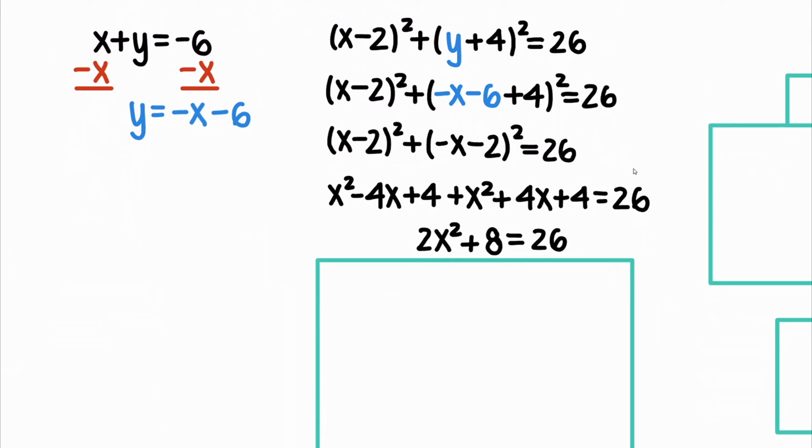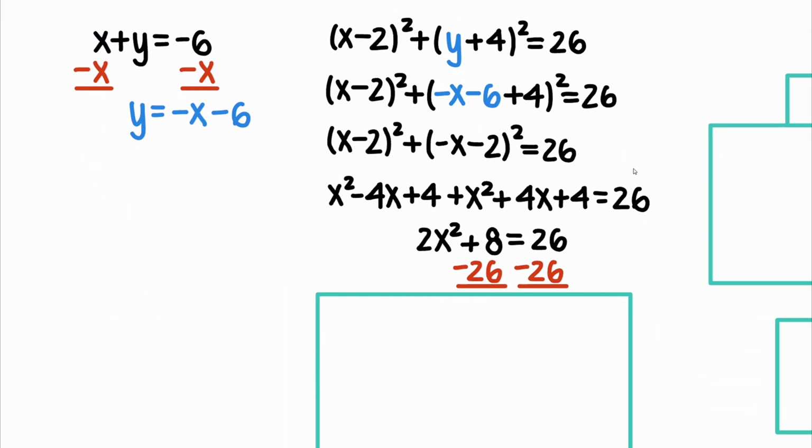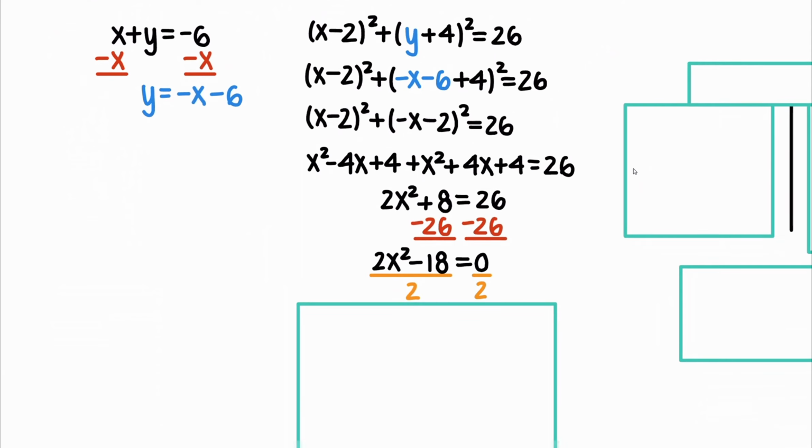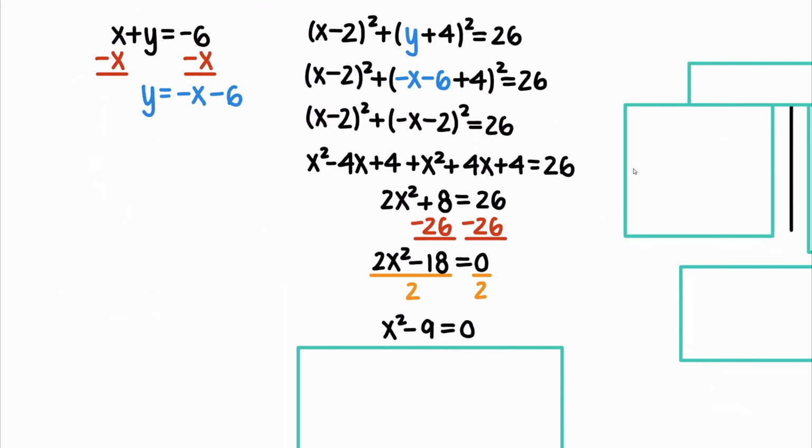Combining like terms, thus gives us 2x squared plus 8 is equal to 26. And then let's solve by setting the equation equal to 0 by subtracting 26, giving us 2x squared minus 18 is equal to 0. And again, you don't have to do it, but I'm just doing it to simplify the equation, dividing by 2 since both of these numbers are even.